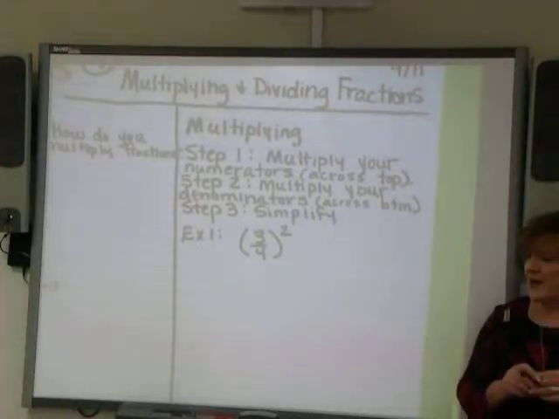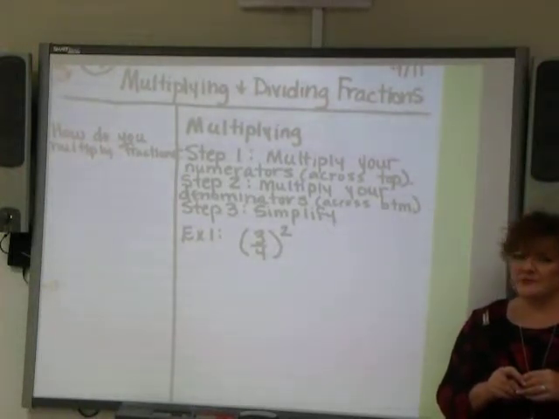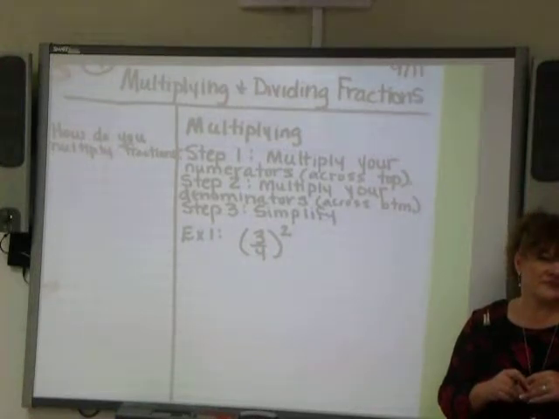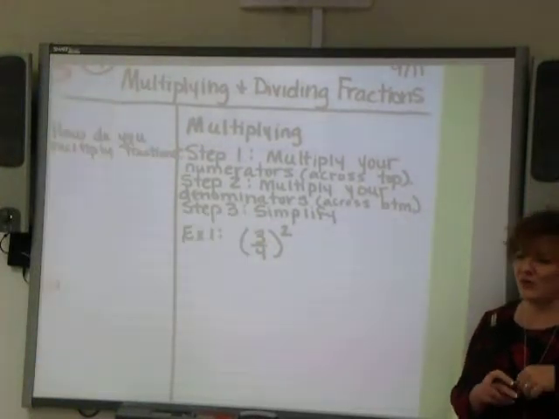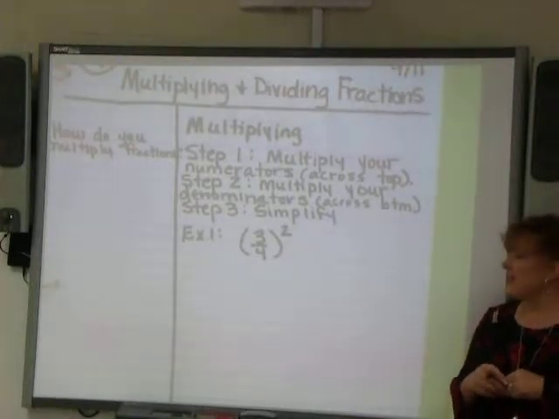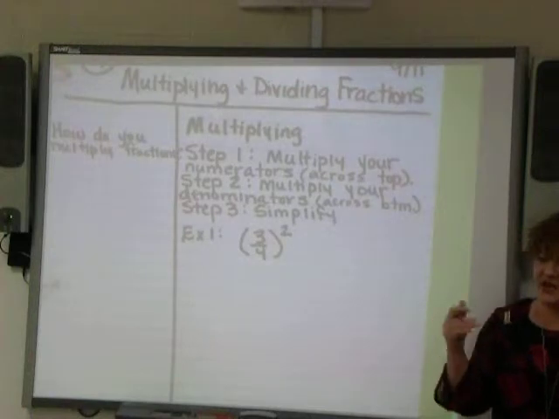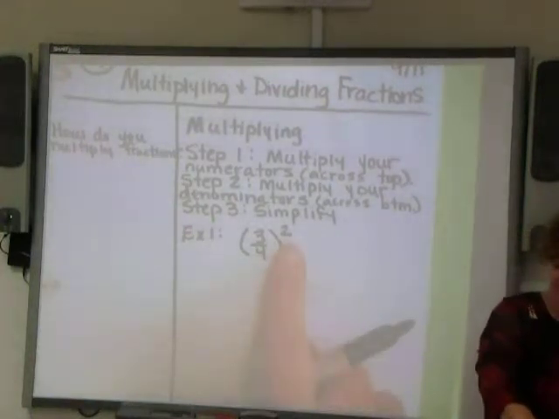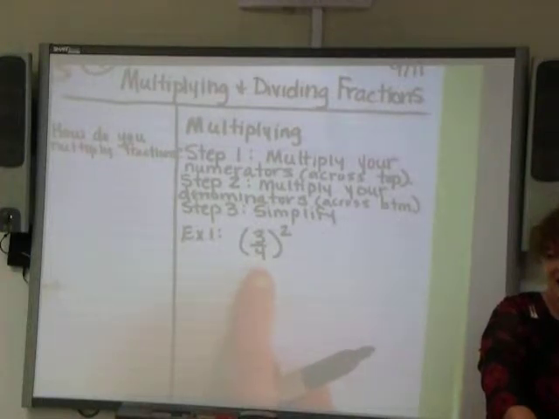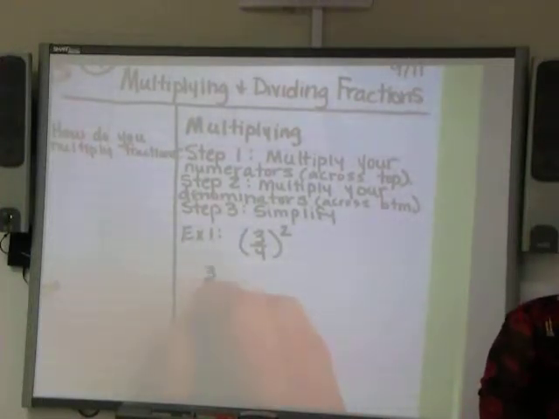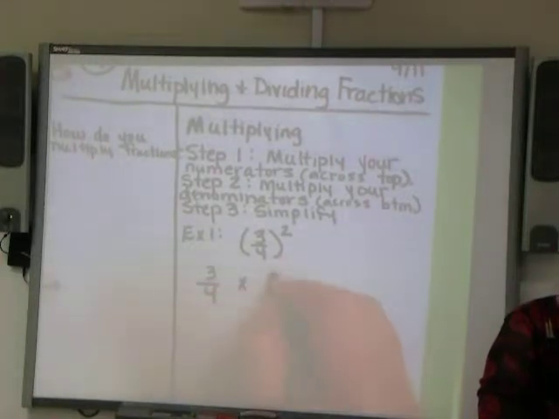What does it mean to square a number? Do I times it by 2? No. What do I times it by? 3/4. So I times it by itself. The exponent tells me how many times to use my base as a factor. That means multiply. So this problem is actually 3/4 times 3/4.